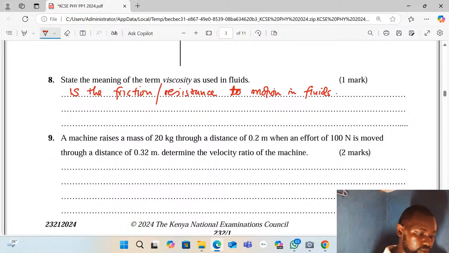That is what we call the viscosity, just the friction that occurs in fluids.